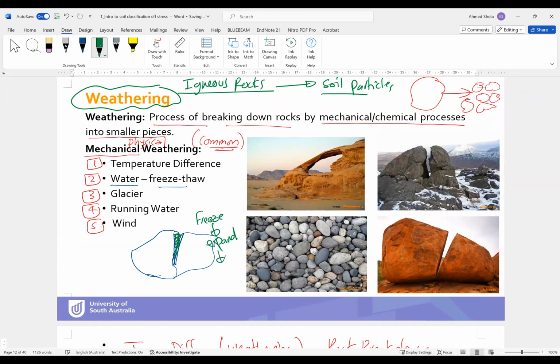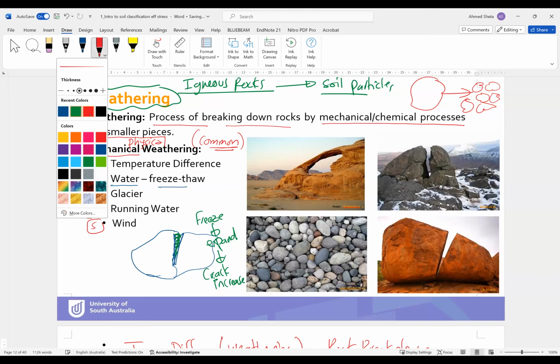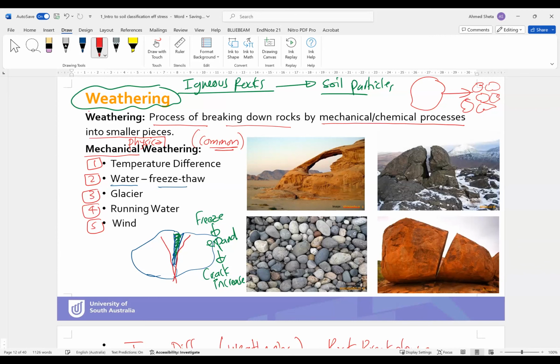So what happened to the crack? The crack increases. So the water gets into the cracks in the soil and freezes and then expands. When this water expands, what happened to the crack? The crack increases until it breaks down the soil into two parts. Okay, so this is how the water freeze thaw goes.